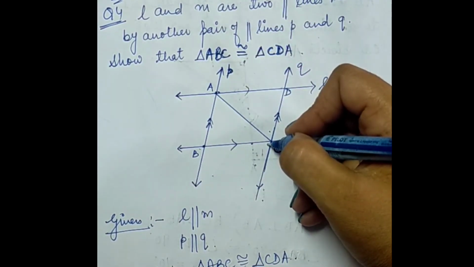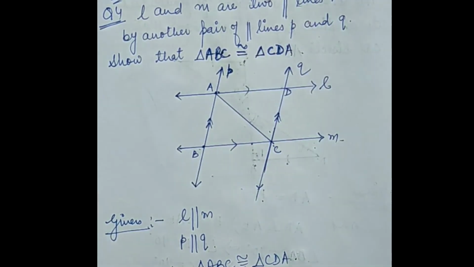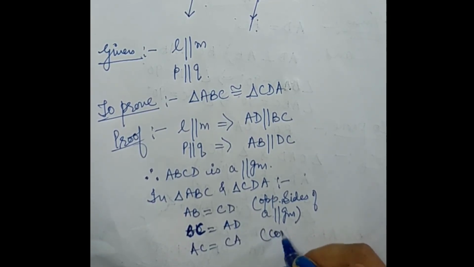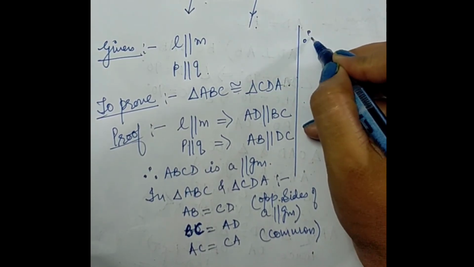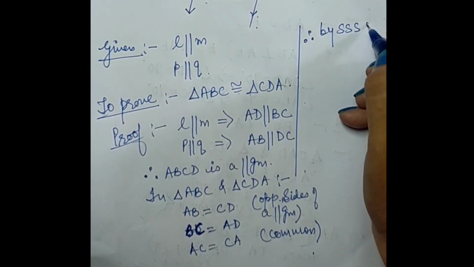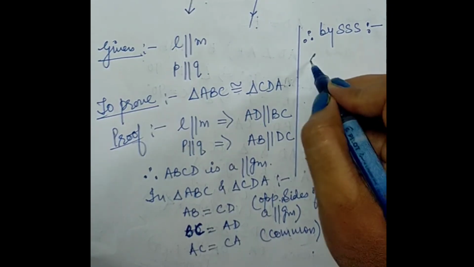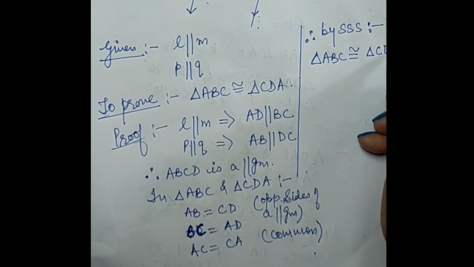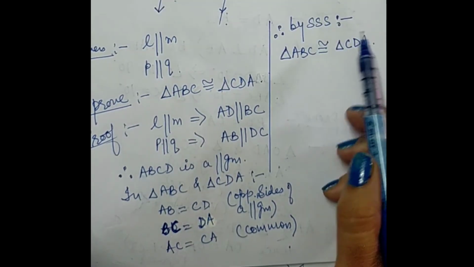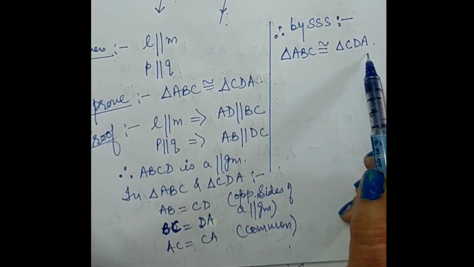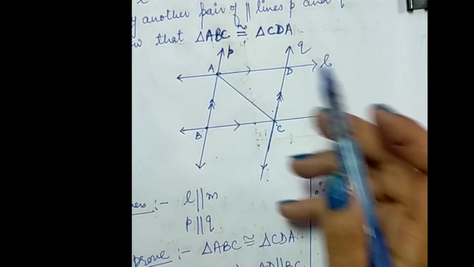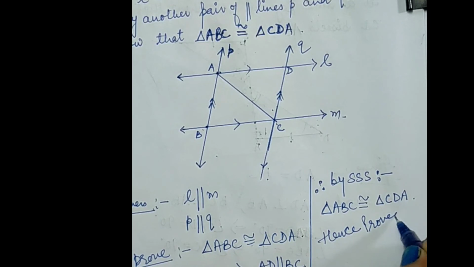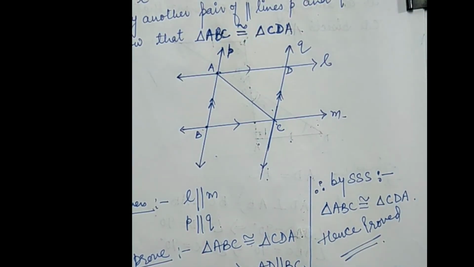AC from this triangle, and CA from that triangle. This is common. So by SSS, triangle ABC is congruent to triangle CDA. Hence proved. You can use any congruency of your choice except RHS, because there is no 90-degree angle over here. That's all for question number 4.